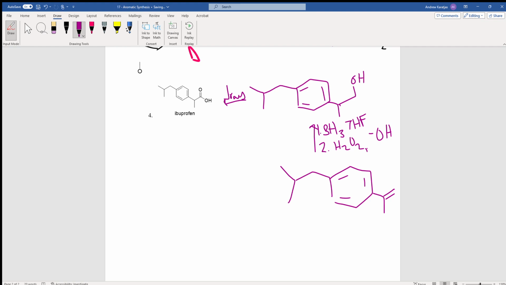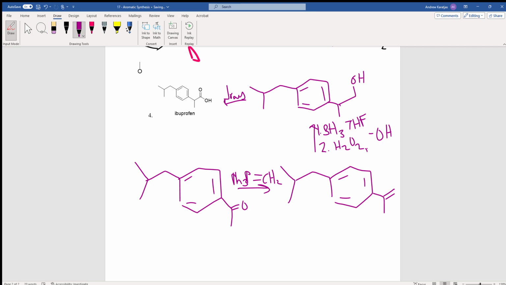But now how do I get that alkene on there? Well, I could make that alkene if I had instead a carbonyl, such as this one.